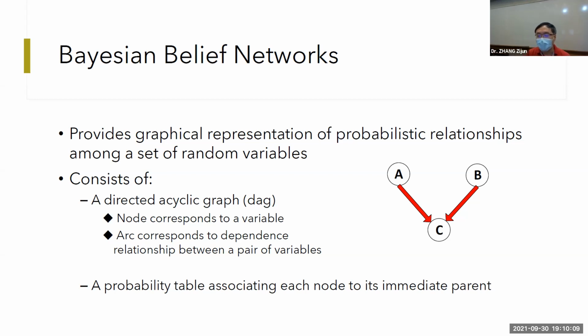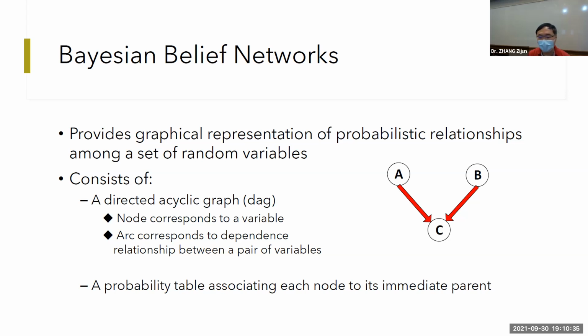Basically, the Bayesian belief network provides a graphical representation of probabilistic relationships among a set of random variables. Based on such a network structure, we can better and graphically visualize the relationship among a number of attributes.